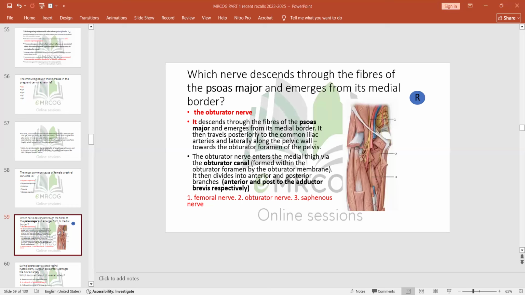If I want to give it a classification, shall I call it sex cord tumor? Or shall I call it non-epithelial or epithelial? Or mixed? Or what? Which type of ovarian tumor?